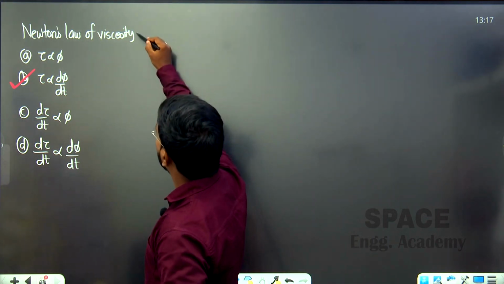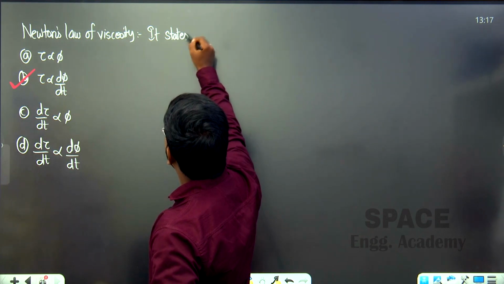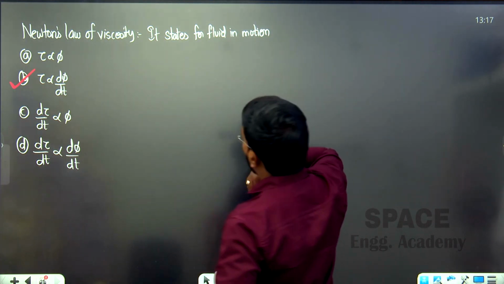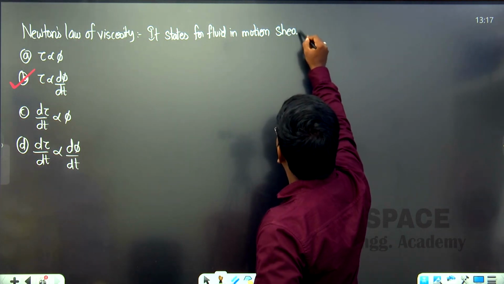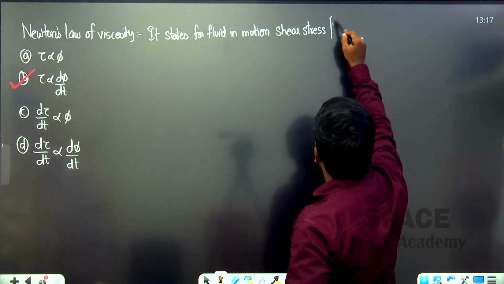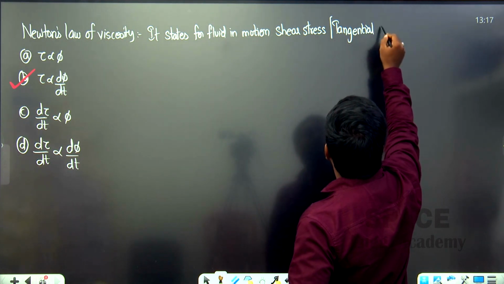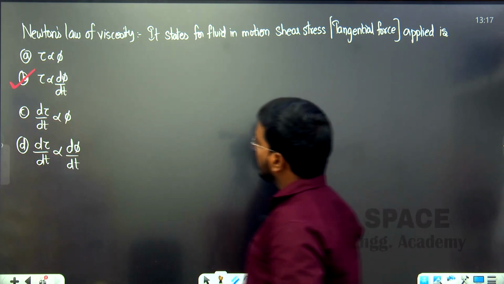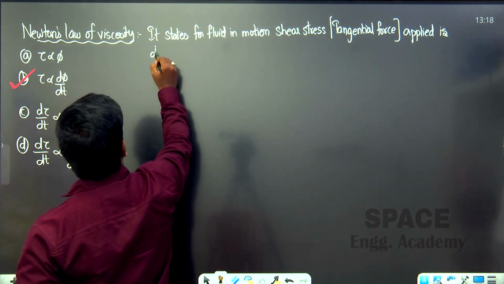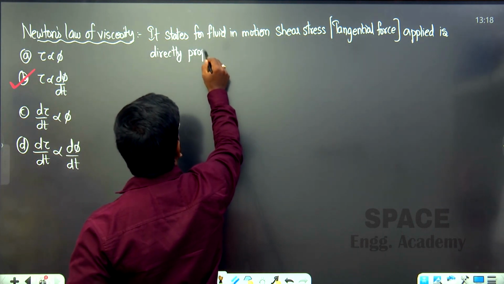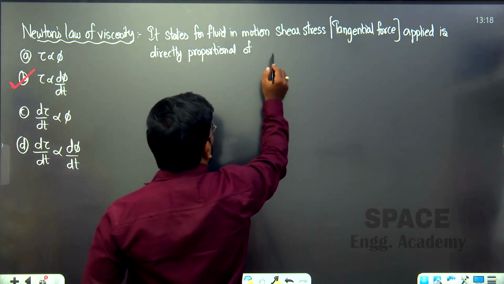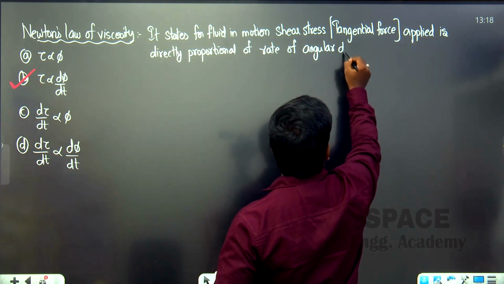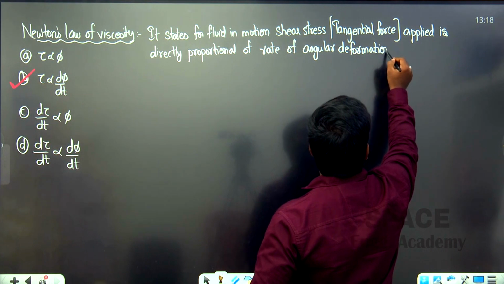So what is the definition going to become? Newton's law of viscosity states that for a fluid in motion, shear stress or tangential force applied is directly proportional to the rate of angular deformation.